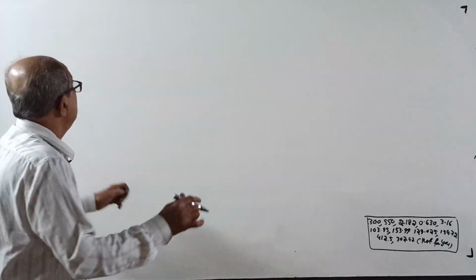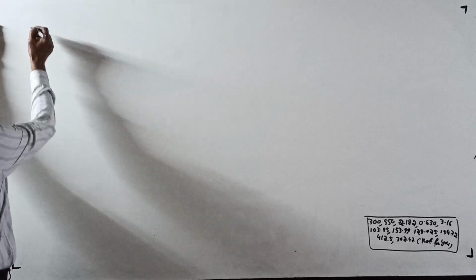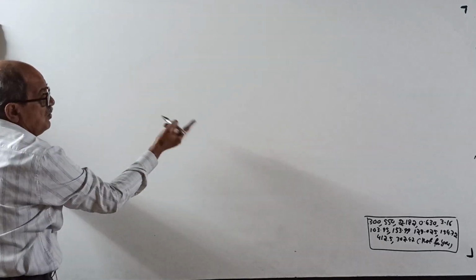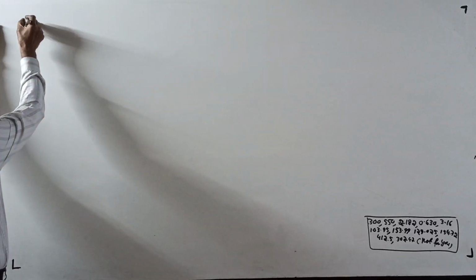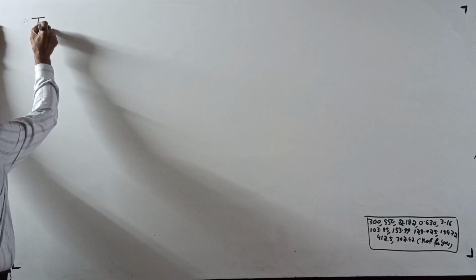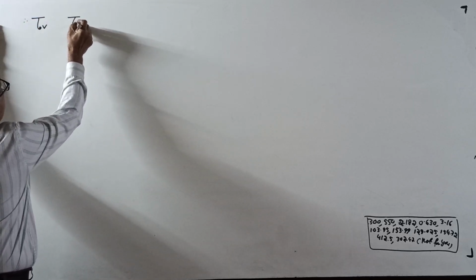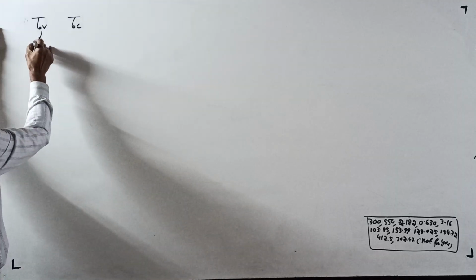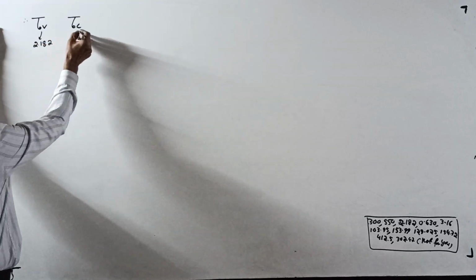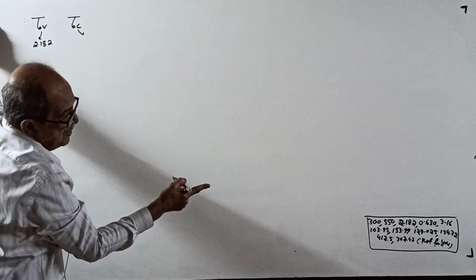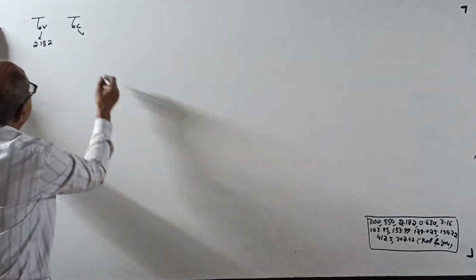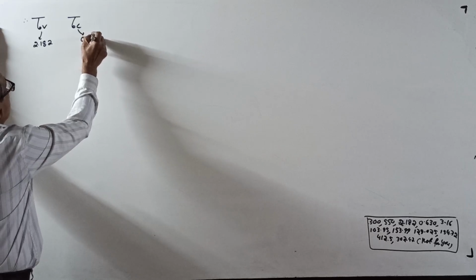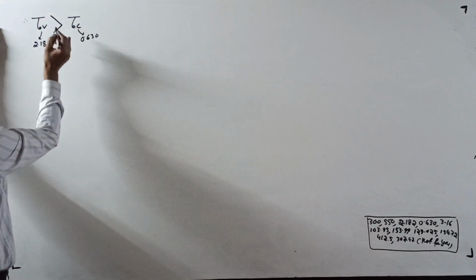Continue. Next step: compare. We already got tau v and tau c. Therefore, compare tau v with tau c. Tau v you got 2.182, tau c you got 0.630. So tau v is more than tau c.